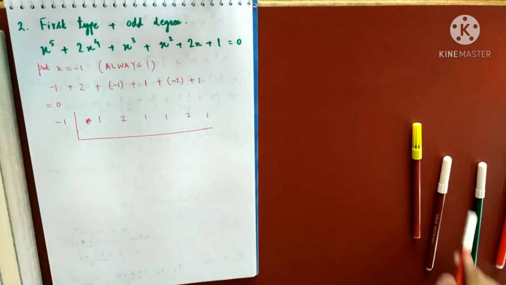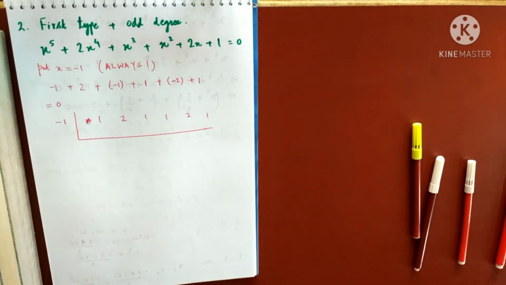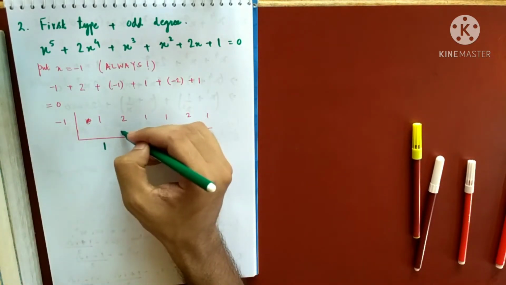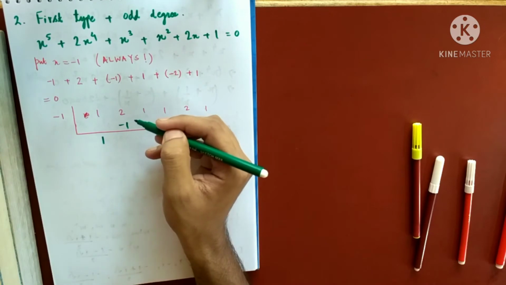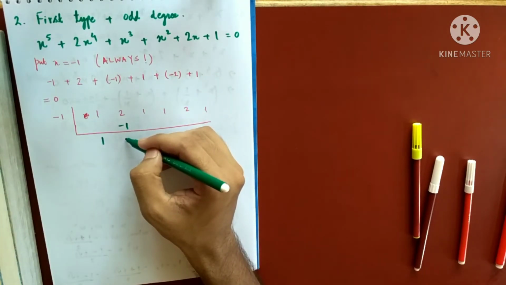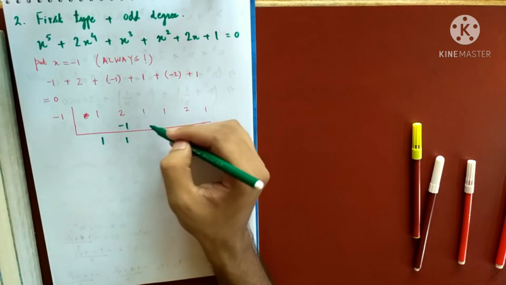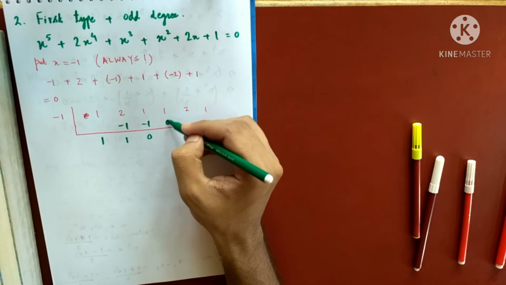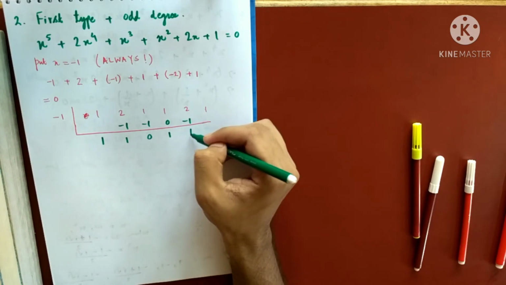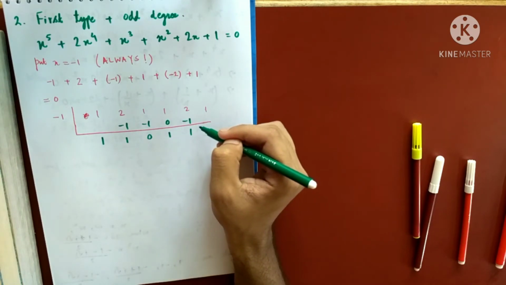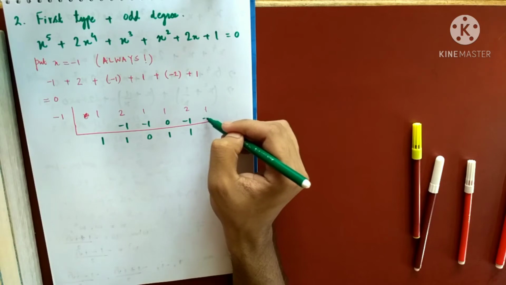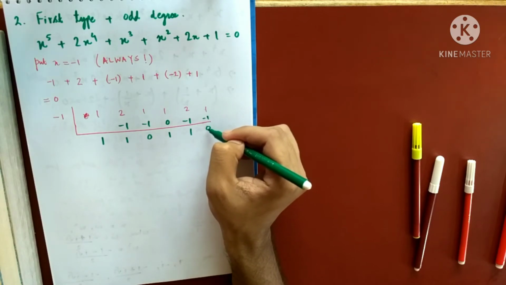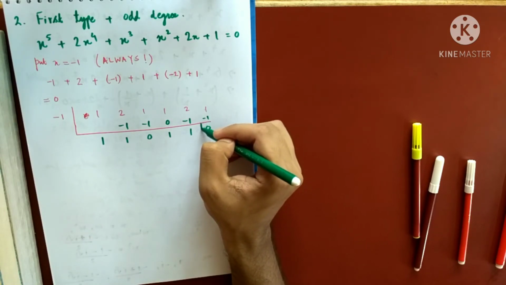So what we do, we write 1 here, then 1 into minus 1 is minus 1, right? So this is 1, again then minus 1, this is 0, 0, 1, minus 1, 1, then minus 1, 0. So this is the remainder, right? This is the remainder and this is the quotient.